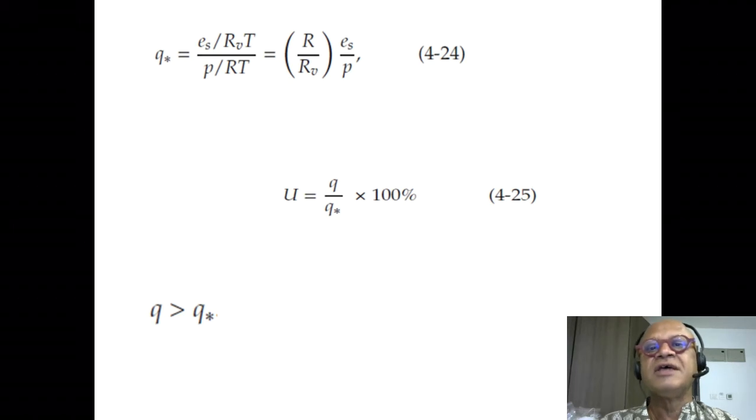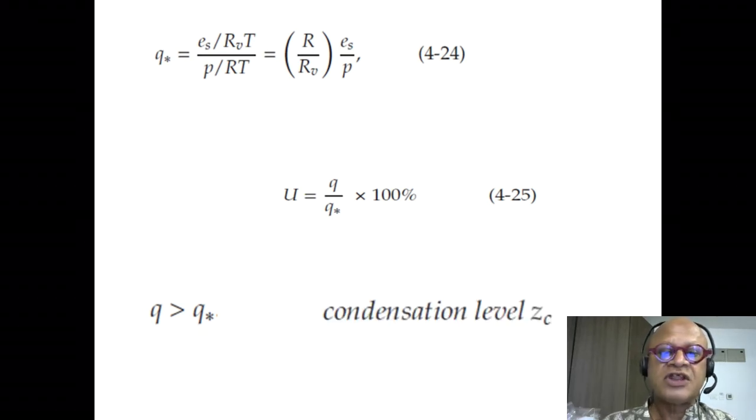So you say air is 85% humid, basically means relative humidity is 85%. So q is greater than q star, then condensation begins to happen, right? If humidity reaches saturation humidity and goes beyond, then condensation will begin to happen. That's the definition of saturation humidity.